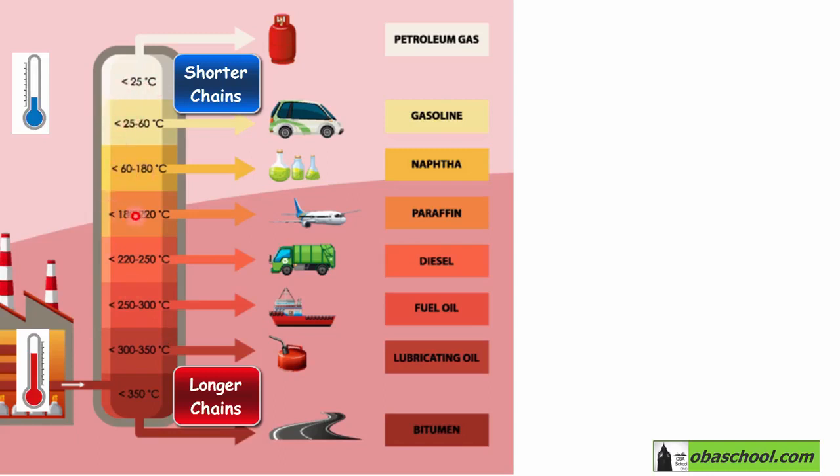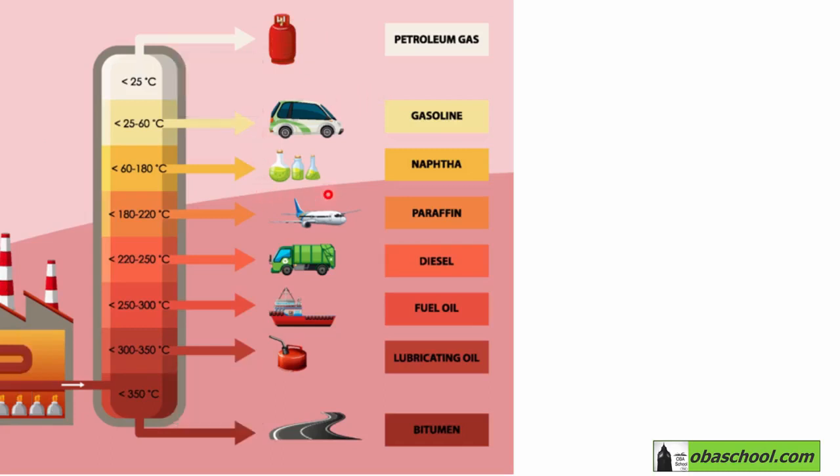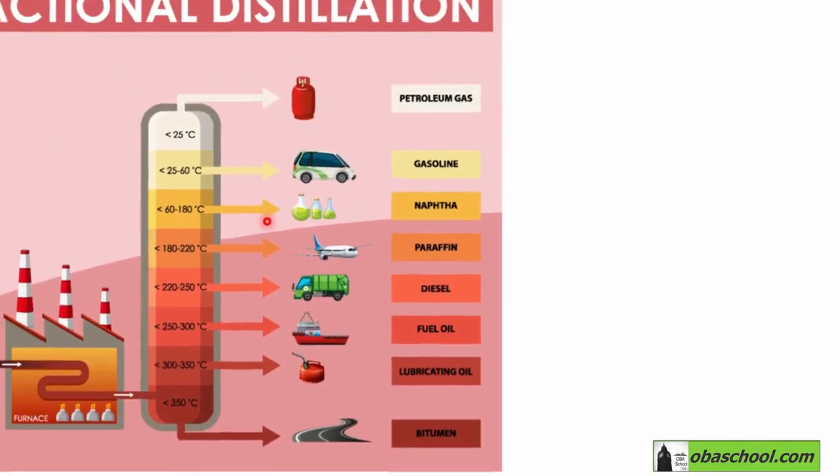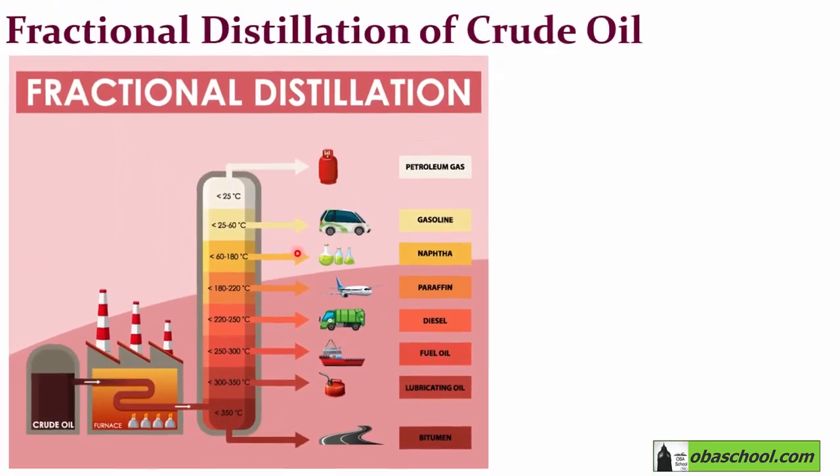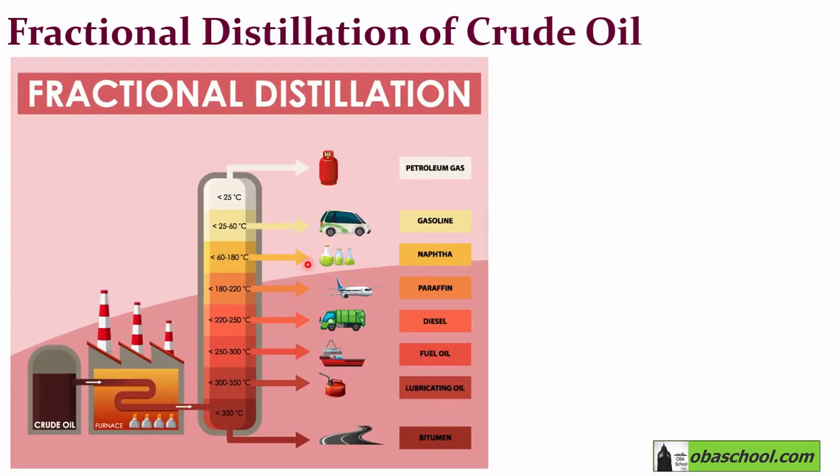These represent the trays containing bubble caps allowing the vapor to condense. At the very top of the tower, where the temperature is the lowest, petroleum gas will condense, which is used as a fuel on site. And then gasoline and naphtha will be extracted, which are used for cars and to prepare different chemicals.